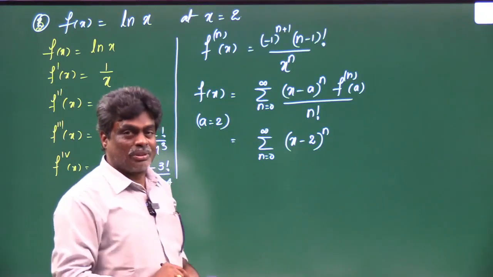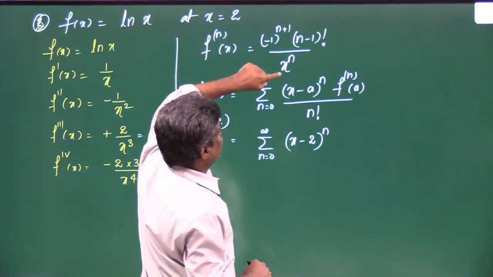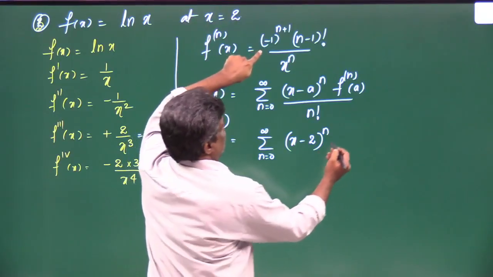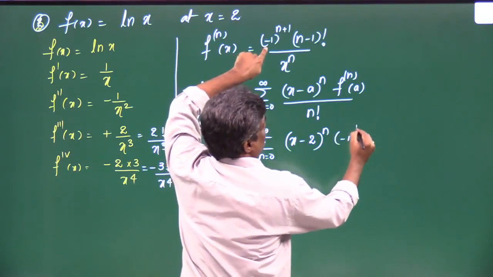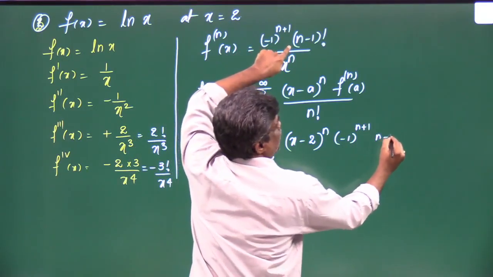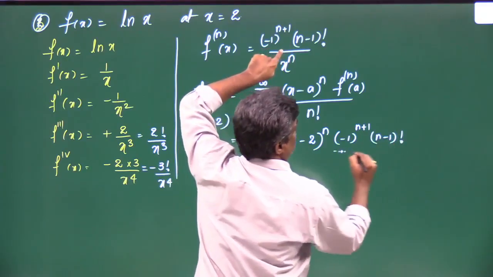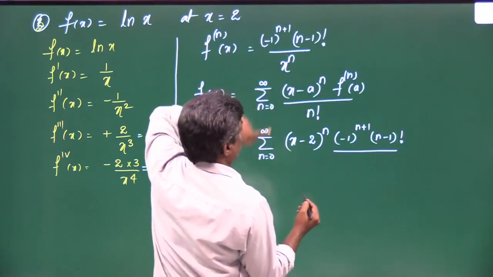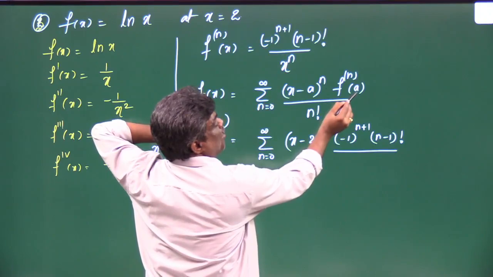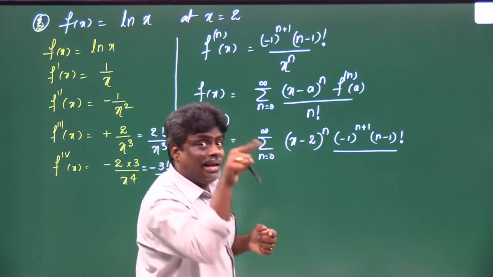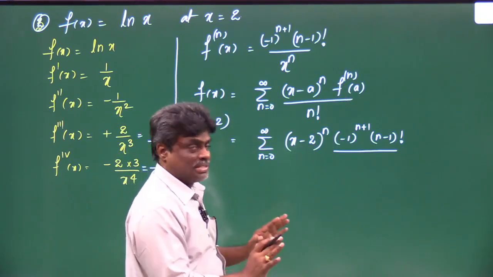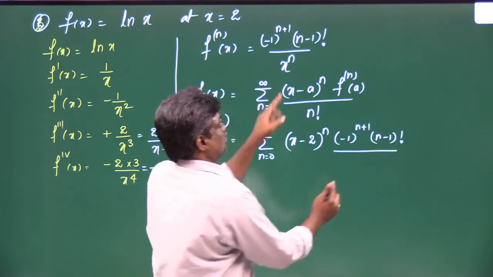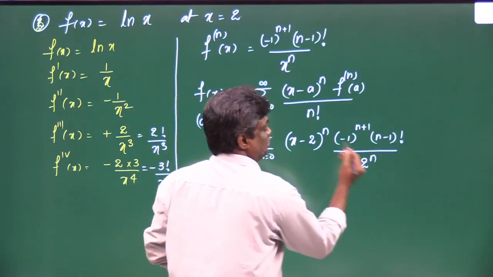Now you have to substitute x equal to 2 in this nth derivative: minus 1 whole power n plus 1, n minus 1 factorial by x power n, because here we want the nth derivative at x equal to a. I hope you understand. But your a is 2, that's why 2 power n.